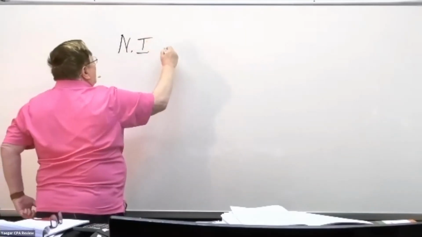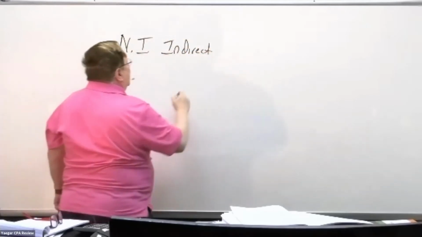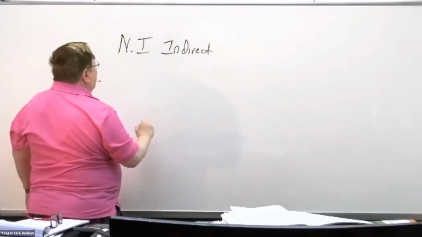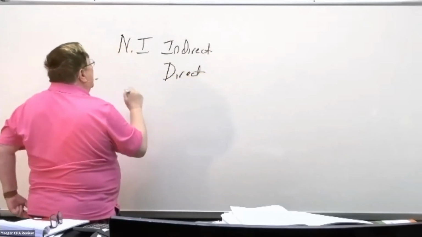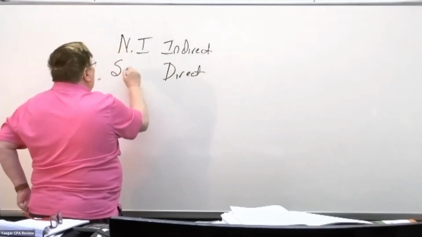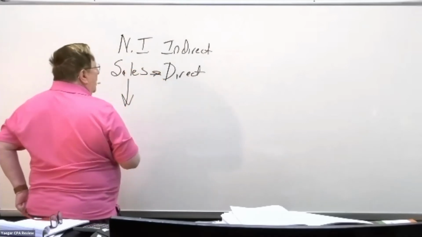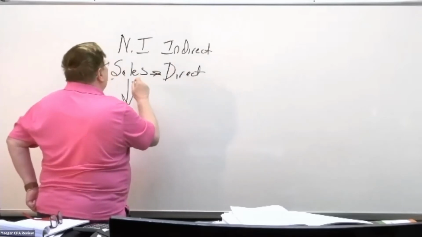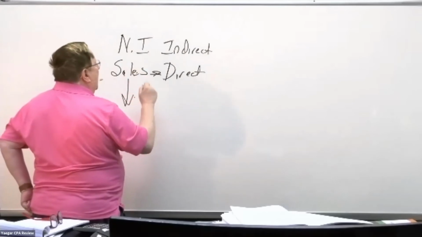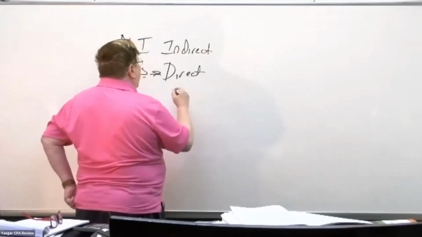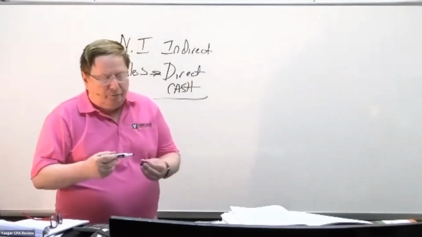Under the indirect, you're going to the revenues and expenses indirectly by going to the net income, whereas with the direct method, you're going to take every item on the income statement, starting with the sales, going down, and convert every one directly. Sales, cost of goods sold, we're going to convert them from accrual to cash. So that's basically the difference.